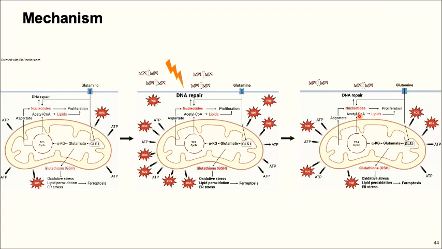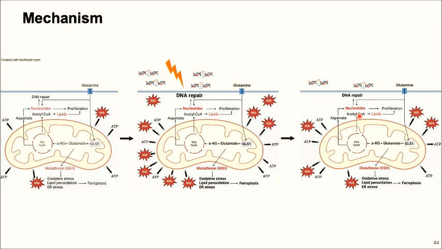So in this scenario, if we use a GLS1 inhibitor, that would block the production of glutathione, which is the mechanism for the cells to protect themselves from damage caused by the reactive oxygen species being produced, and then we can sensitize the cells.